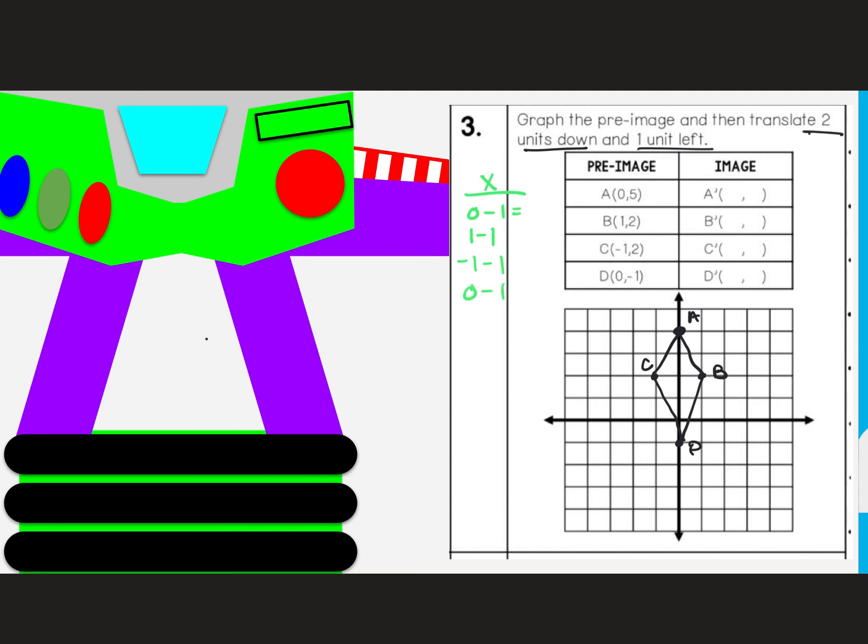So we have 0 minus 1, which gives us -1, 1 minus 1, which gives us 0, -1 minus 1 gives us -2, and 0 minus 1 gives us -1. So we have -1, 0, -2, -1. All right. Now looking at my y, it says down 2 units, so we're subtracting 2 from my y values.